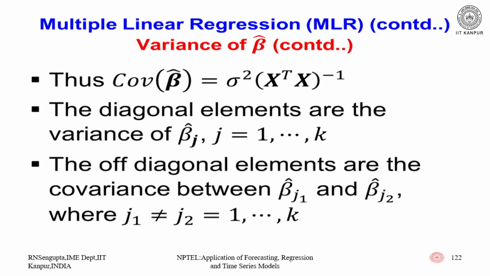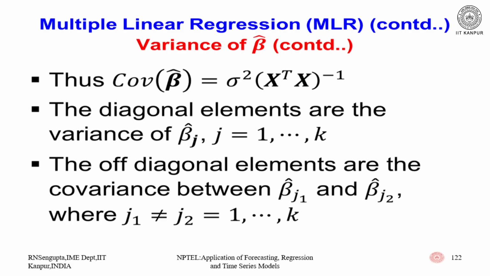Now, if you remember in the last class, I spent a lot of time trying to analyze that there are two main tasks. Number one, to find out the estimate of beta, and number two, find out that if that is an estimate, whether in the long run the expected value of beta hat is equal to beta.